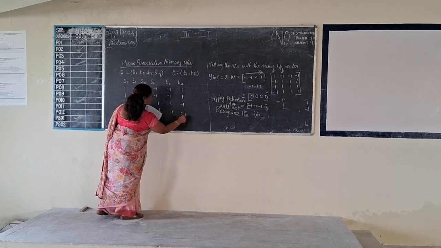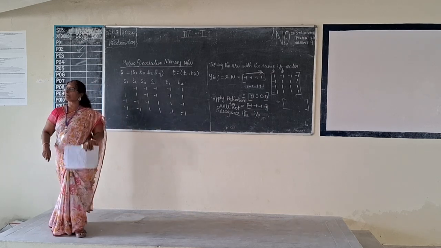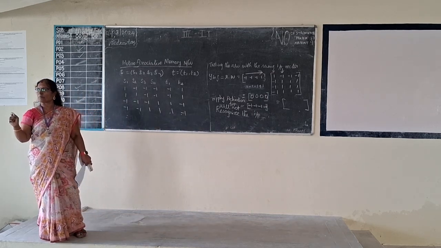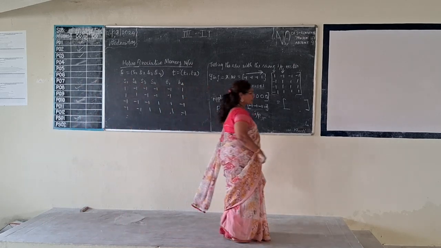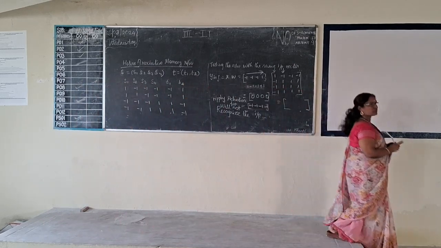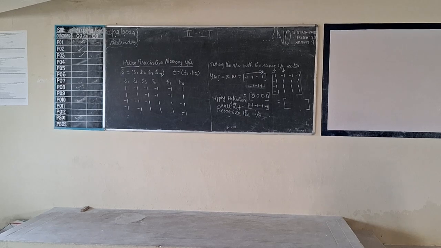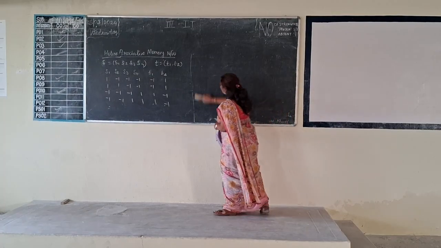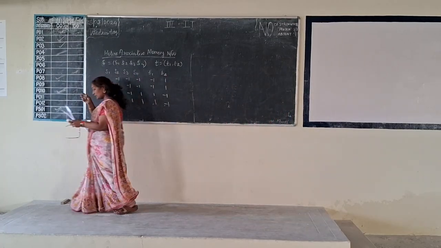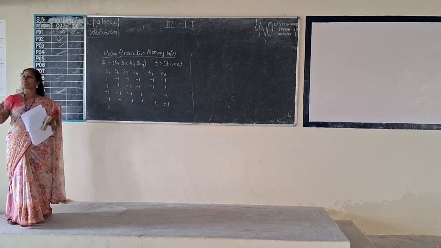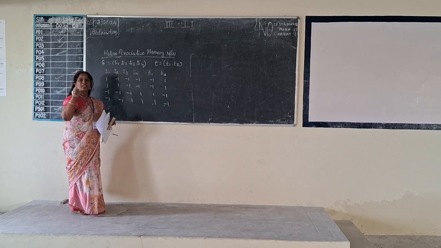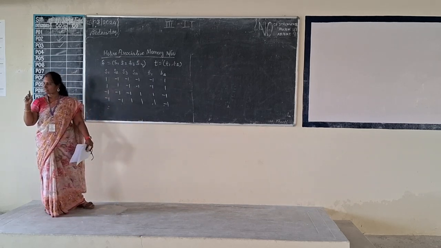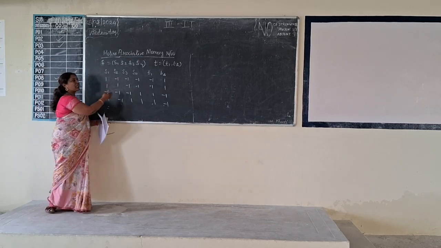I have taken 4 different inputs and the corresponding outputs. Please remember, in auto associative, input as well as output will be the same size, so we were not given like this.